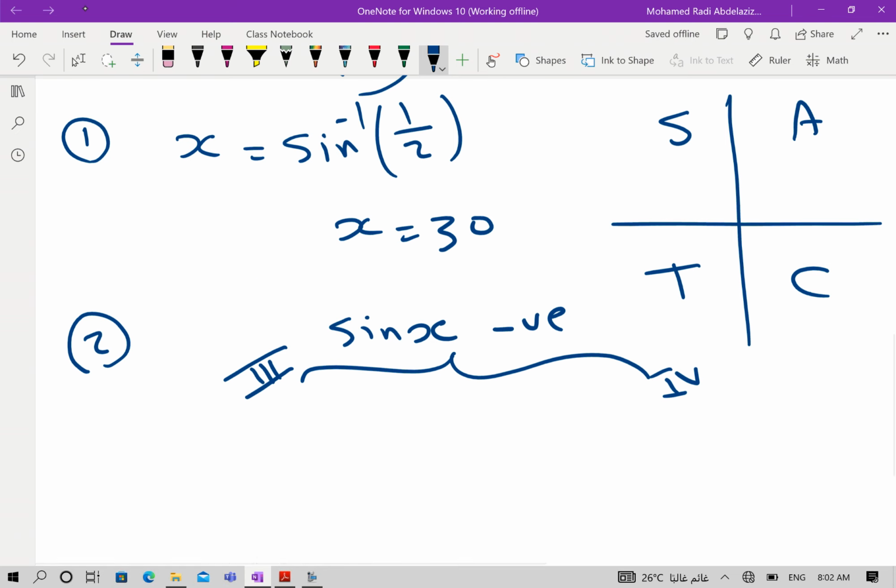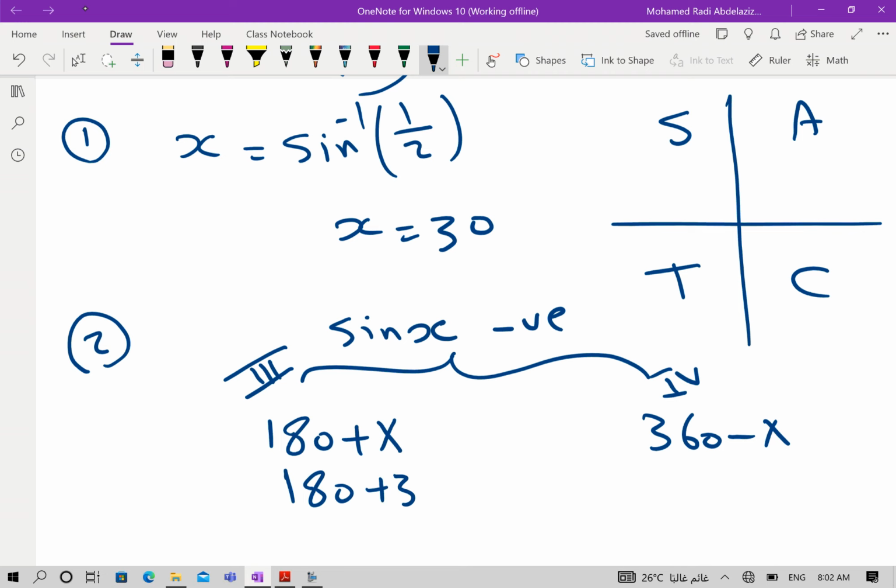Third, 180 plus x. Fourth, 360 minus x. So 180 plus 30, the answer is 210. 360 minus 30, the answer is 330.